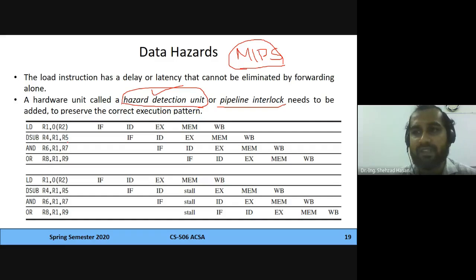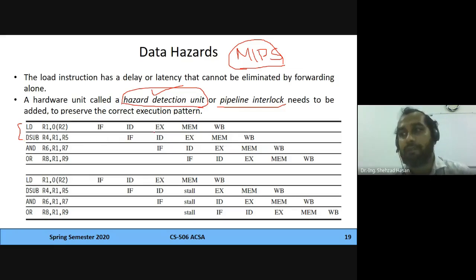If we need to insert a stall, again we need to check for matching register codes. The first thing we need is that the first instruction should be a load instruction. That's our main condition. And the second thing we have to find out is whether the next instruction is using the result of that instruction, like in this case here.